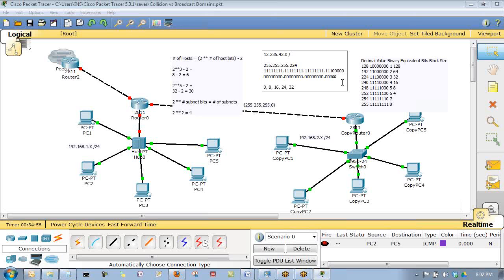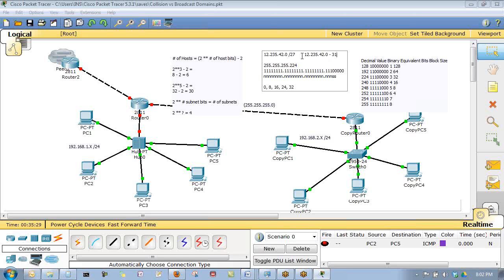Now, the address range from my ISP, what my ISP is giving me, let me write down the CIDR notation. CIDR notation is /27. The address range that my ISP has given me is 0 through 31.